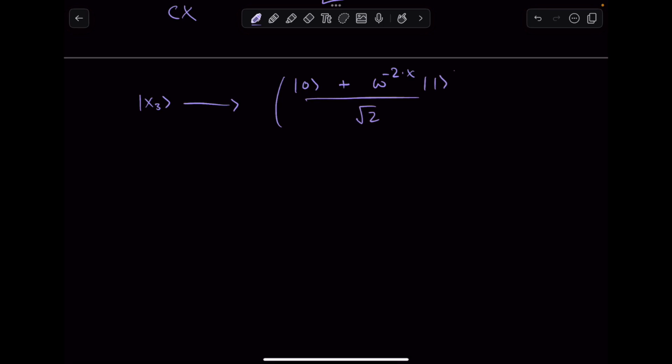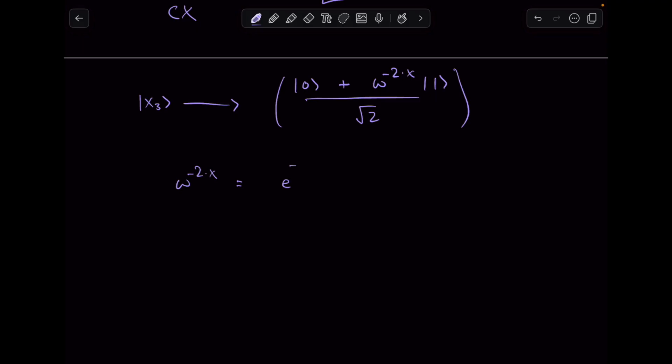Okay, so what do we want for the third qubit? We have x3, and we want to take that into 0 plus minus 2 times x, 1 over root 2. And similar to the previous ones, we actually only care about x mod 8 here for the exact same reasons.